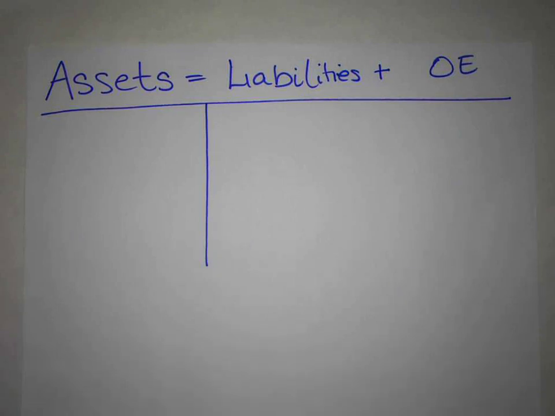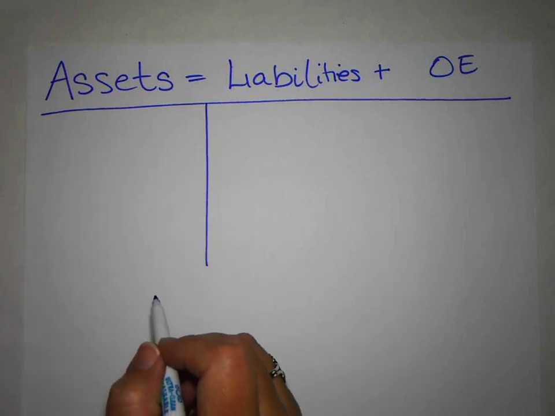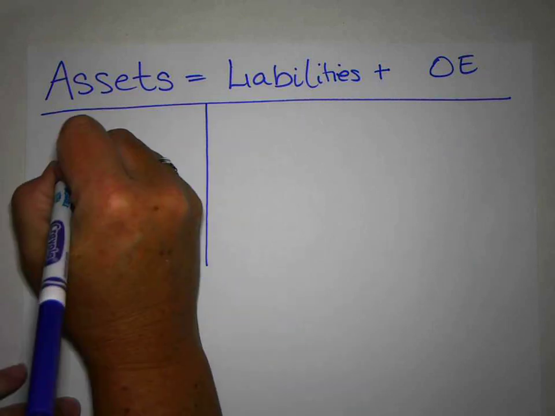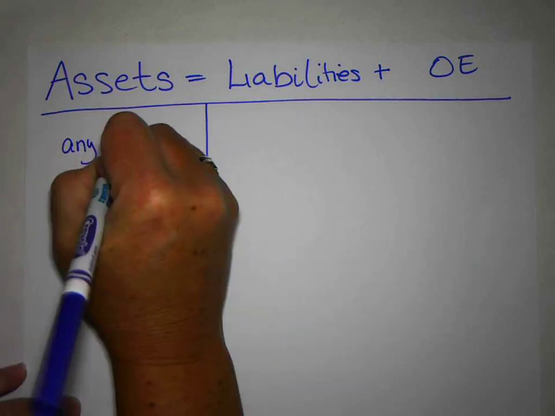And the T accounts are really great to remember. At any point, you can come back to a T account and really break it down into where things are supposed to be. So don't be afraid to keep it and break it down and come back to this T account.